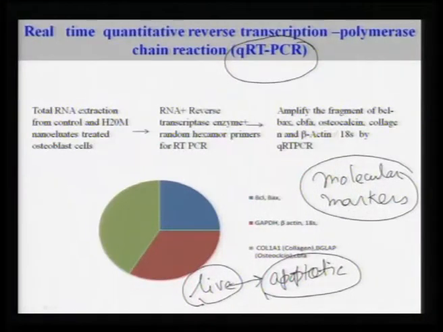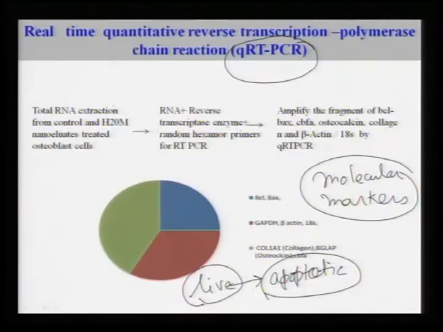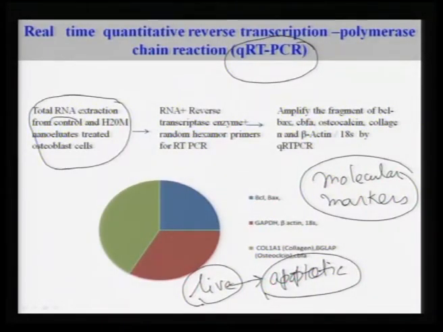Now, this is known as the qRT-PCR technique, where q stands for quantitative, RT stands for reverse transcription, and PCR stands for polymerase chain reaction. You can now follow, because you know how from DNA the RNA is produced and then the proteins are produced. Total RNA is initially extracted from the control.